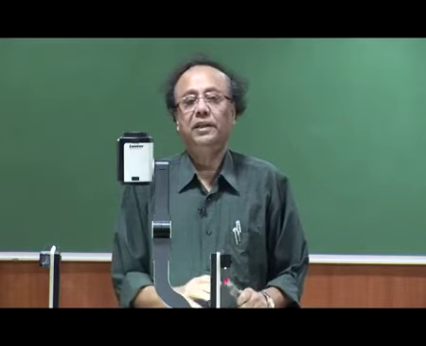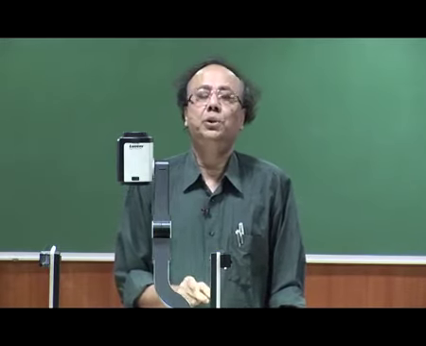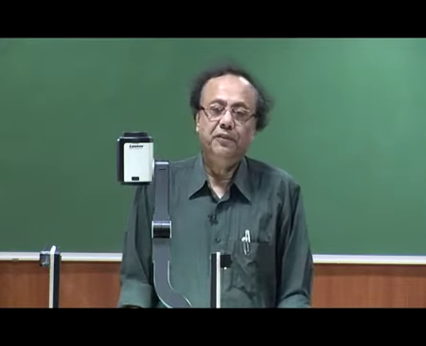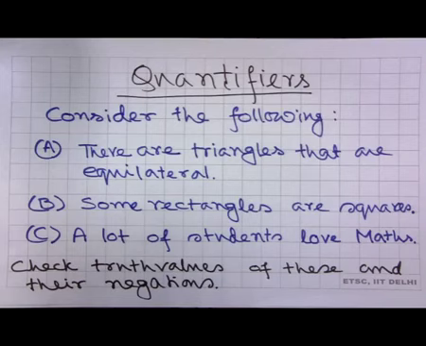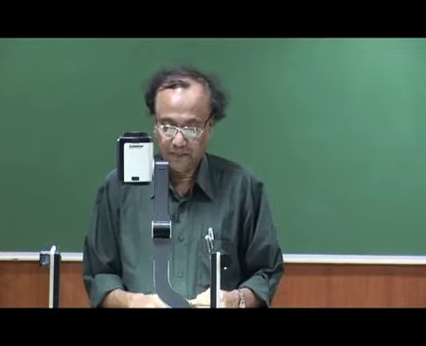If something is claimed to be true for everything, its negation will try to show that there is an exception. If something is said to be true for one, then its negation will show that it is false for everybody. That brings us to the concept of quantifiers.